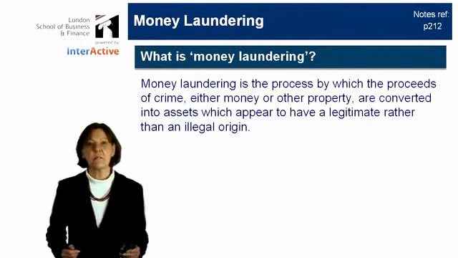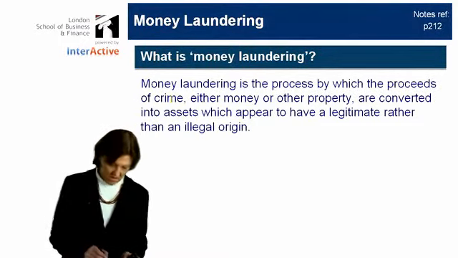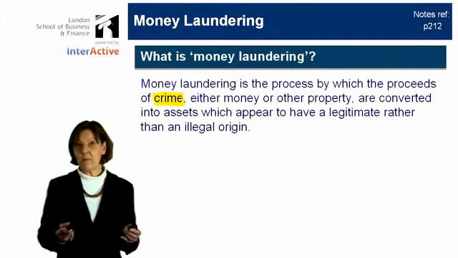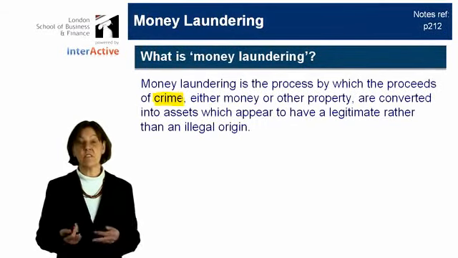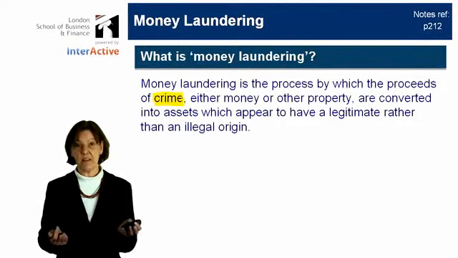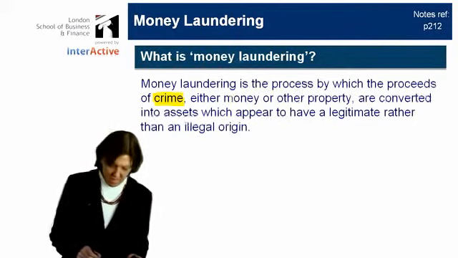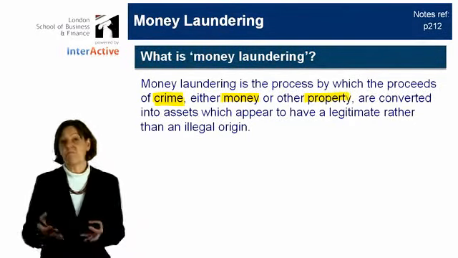Well, it says that money laundering is the process by which proceeds of crime, any crime, not just robbing a bank, but things that you might get involved in as a professional accountant. What if your client, say, is doing a VAT fraud or something like that? So it's any crime. Proceeds could be money. Doesn't have to be money. It could be other property.